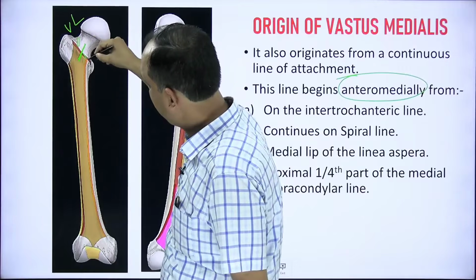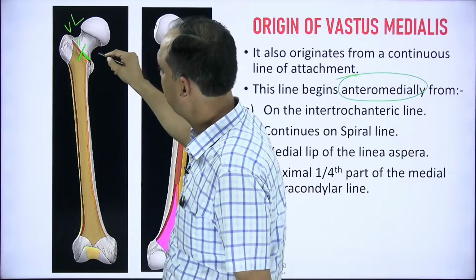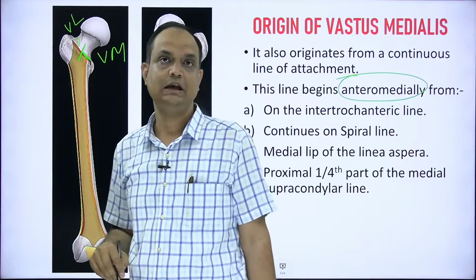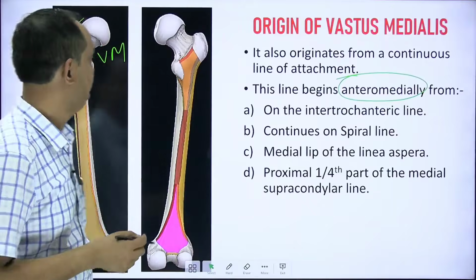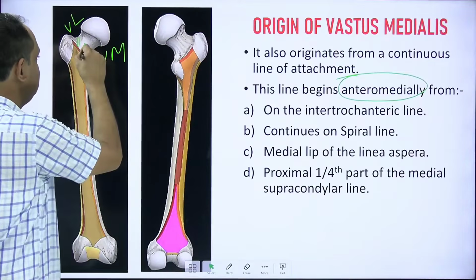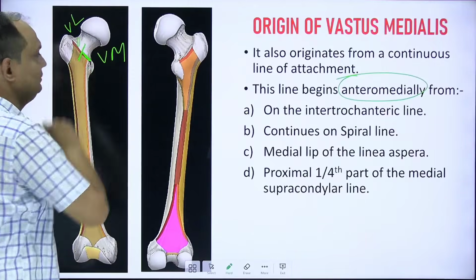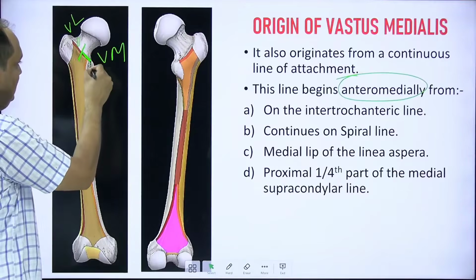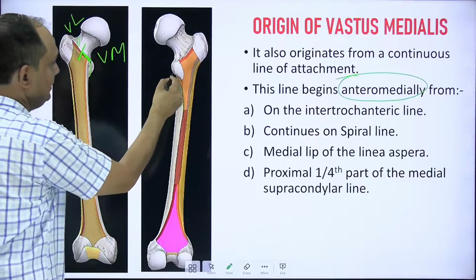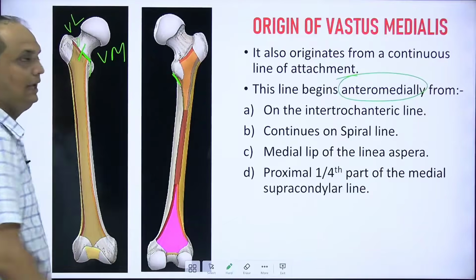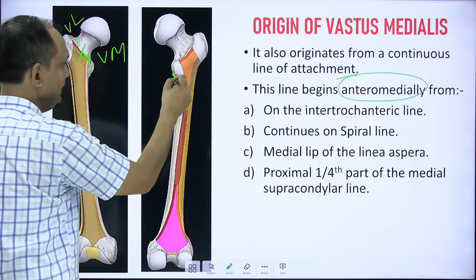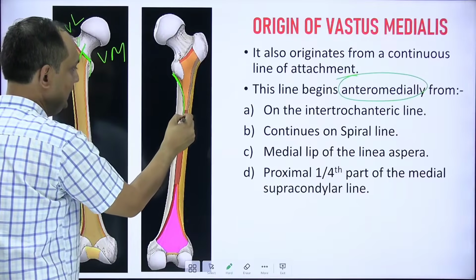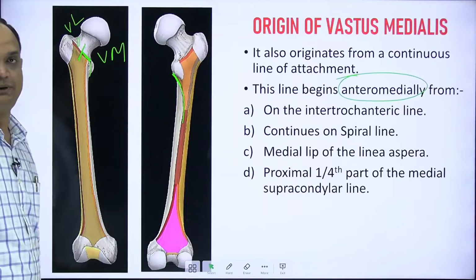The remaining medial half gives origin to the highest fibers of vastus medialis. Now, you can see that this intertrochanteric line runs downward and comes out as a spiral line, and this spiral line comes onto the posterior surface and merges with the medial lip of linea aspera.